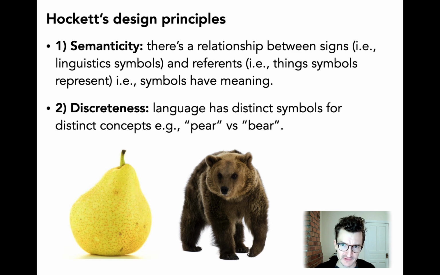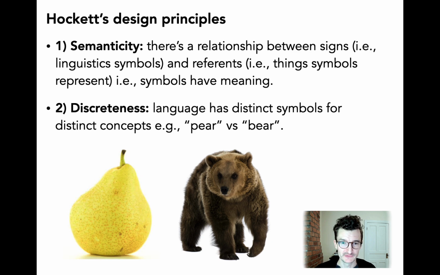And what's important here is that if I say the word bird, right, this brings to mind that image. As soon as I say the word, you're thinking about a bird. You're picturing it. You know how to use that word in a sentence. You know things that tend to go with birds, right? Flying, trees, nests. So there's a relationship between signs and the things that they refer to.